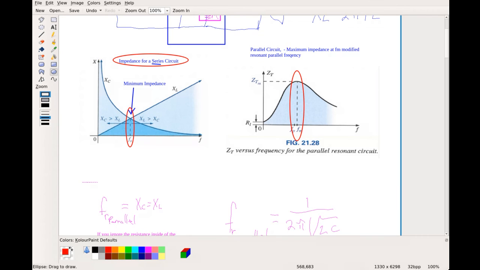Okay, so again, we've seen this all through even DC circuits, with series and parallel, they flip, right? So if you've got a series resonant circuit, it's going to be at minimum impedance. And if you have a parallel resonant circuit, it's going to have a maximum impedance at that frequency, or shifted a little bit due to the resistance.